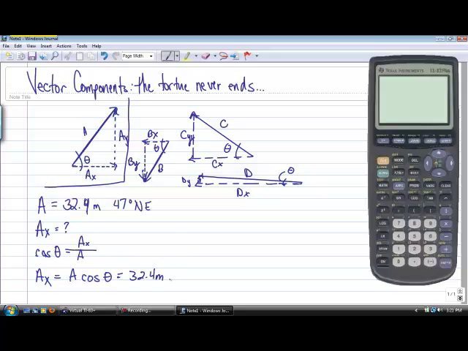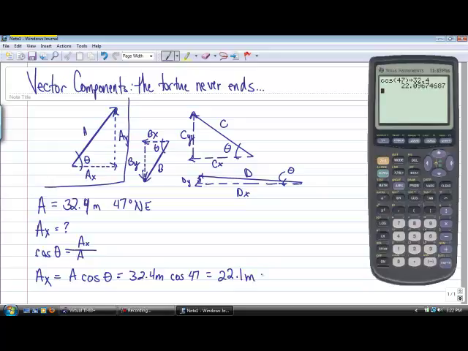So we do 32.4 times the cosine of 47. And when we put that in the calculator, I get 22.1 meters. So A sub x is 22.1 meters.